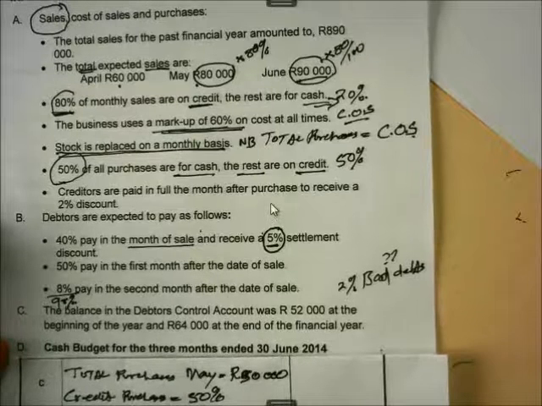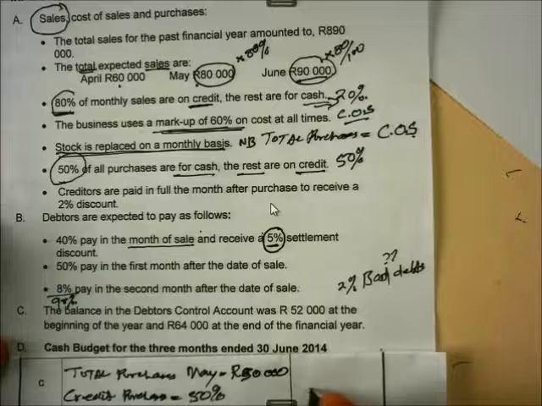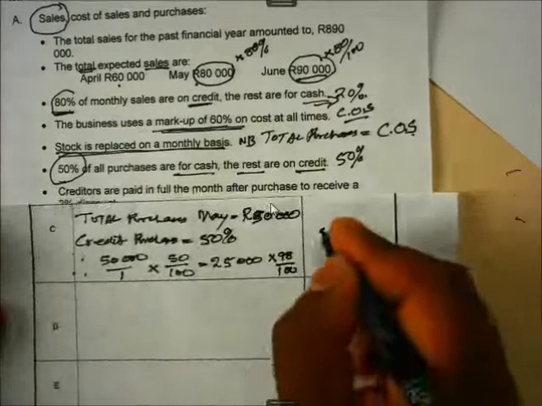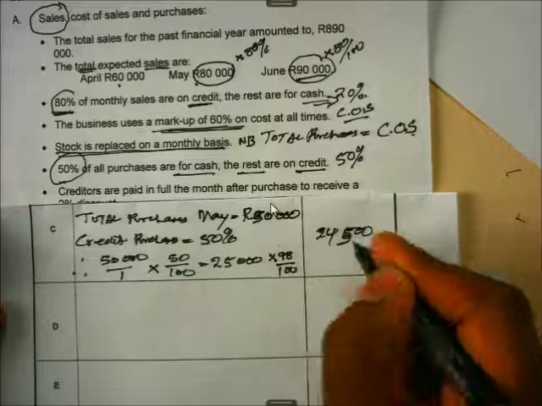Then you will have 25,000 multiplied by 98 divided by 100, which is equal to 24,500.